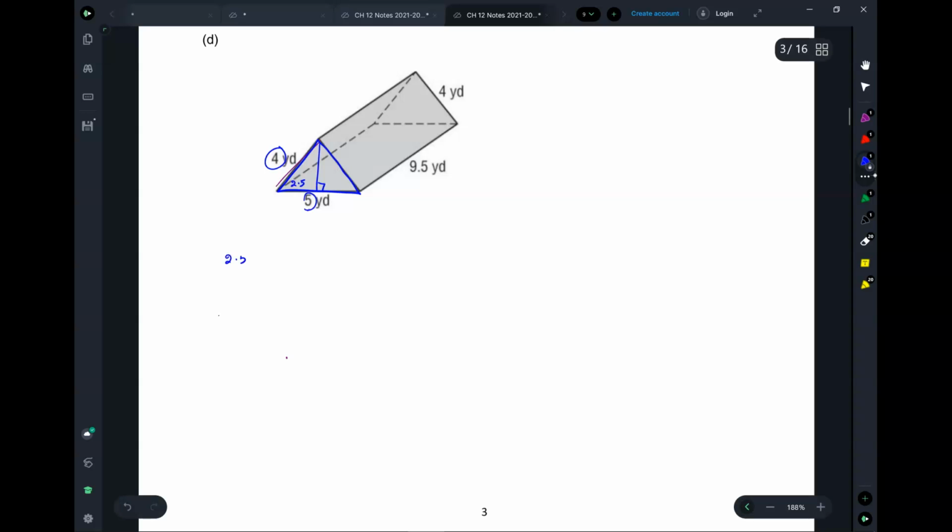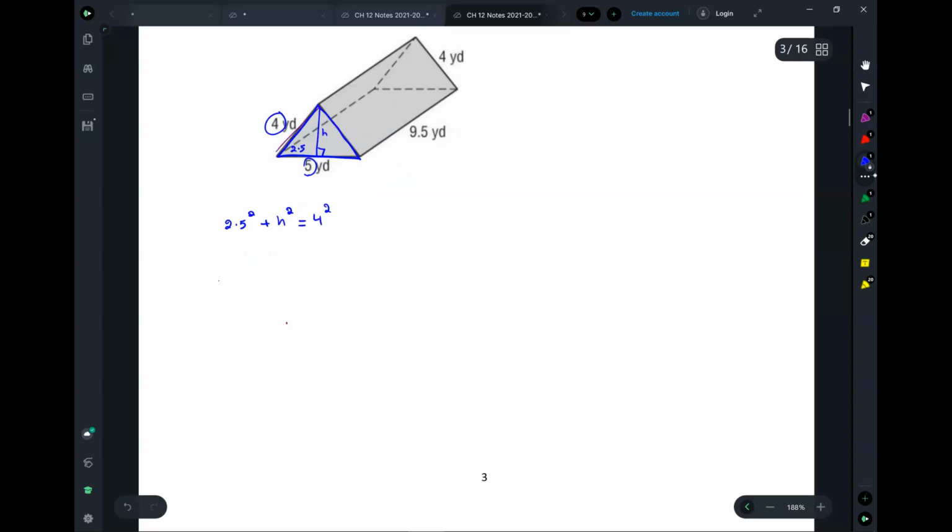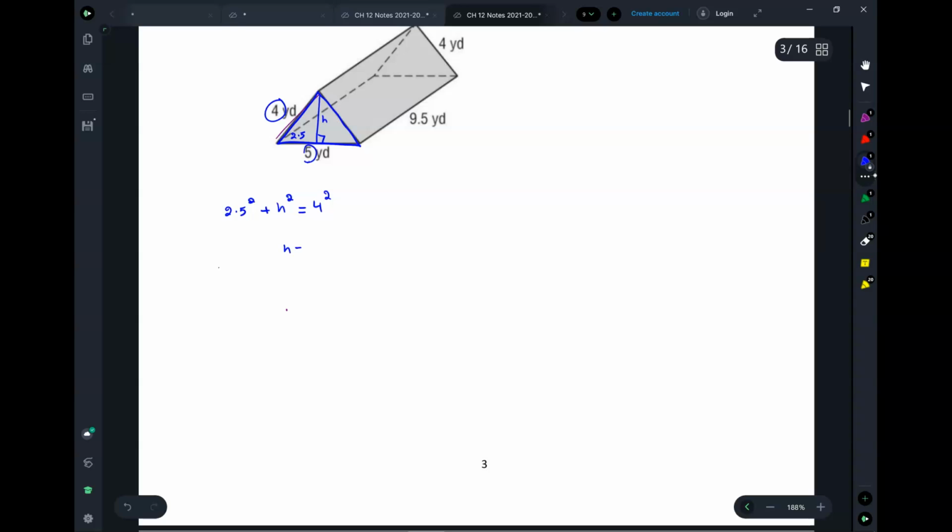So 2.5 squared plus h squared is equal to 4 squared. Right? And so what do we get for h here when you take a square root? And in decimal, how much is that?